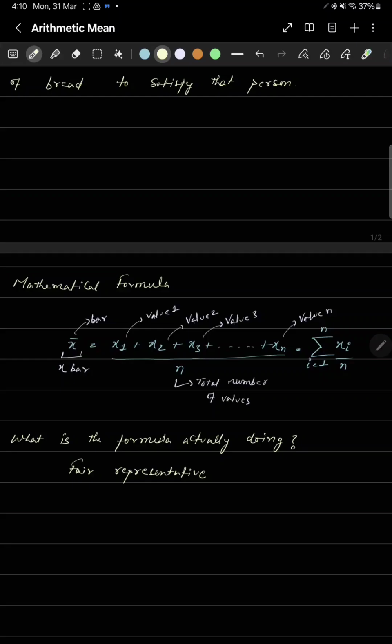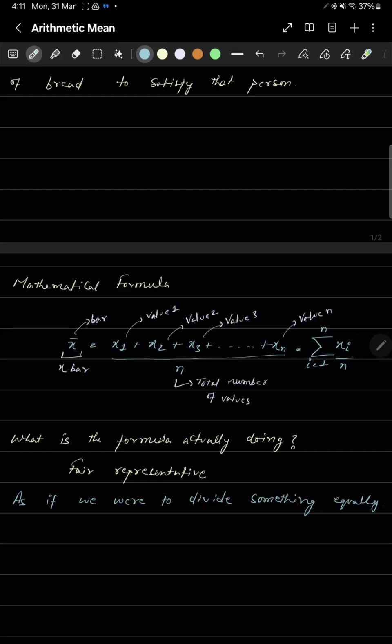This is as if we were to divide something equally. Now if we divide some quantity equally, we are striving for some kind of fairness, right?